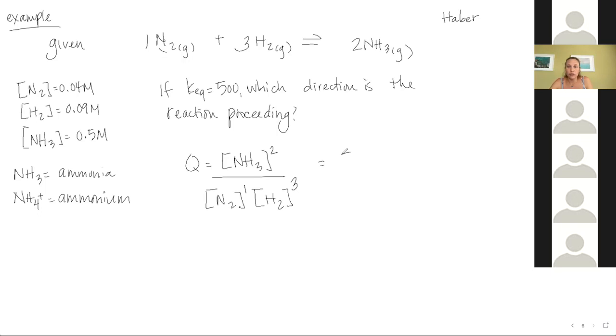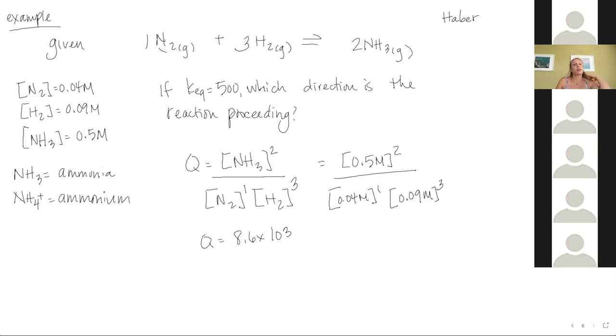Ammonia has a concentration of 0.5 molar squared divided by nitrogen gas concentration, 0.04 molar to the first power. And then our hydrogen gas concentration of 0.09 molar to the third power. When you solve this, you get 8.6 times 10 to the 3.